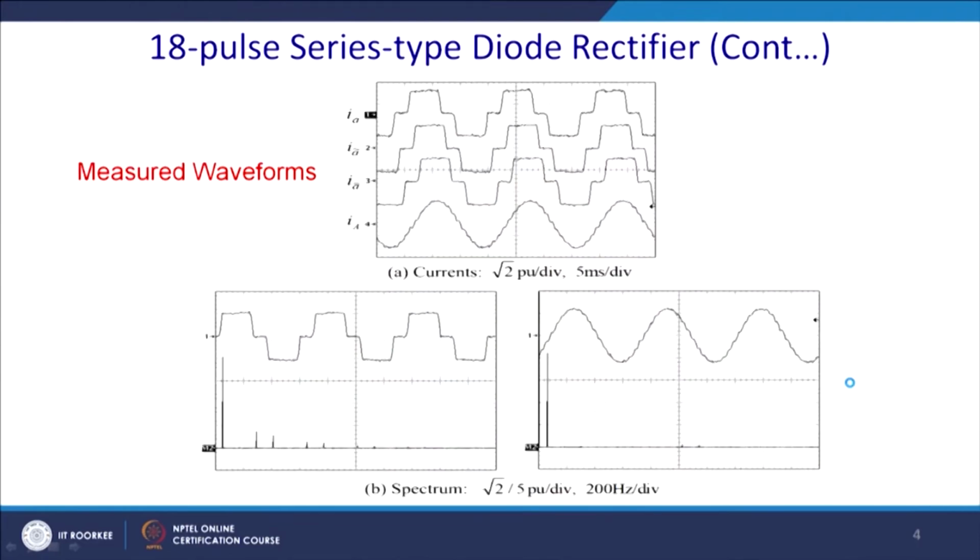This is the waveform we can see: this is the I A, a 6 step waveform. They are phase shifted by 20 degrees, this is minus 20. Thereafter this one is at 0, we assume there is 0 phase shift, and next will be plus 20 degrees.